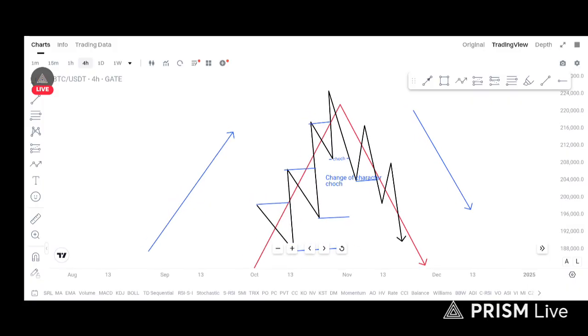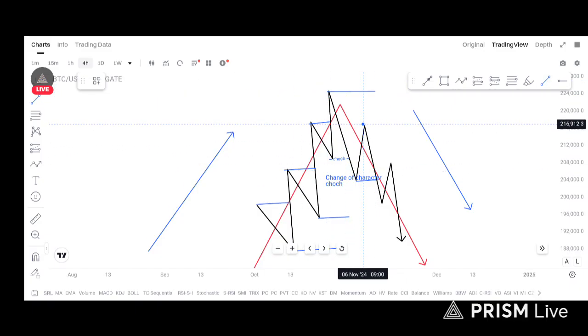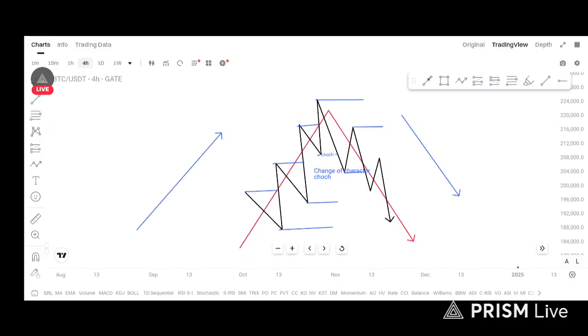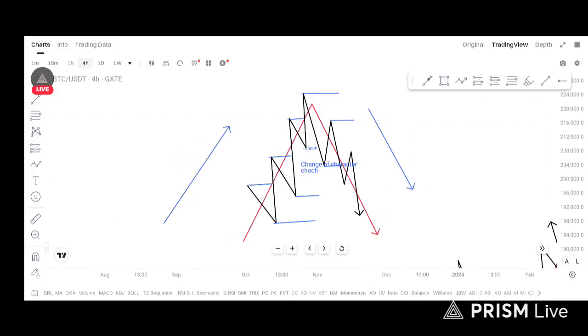Because now this first high has been protected and this second high has been protected. That means market has formed a high and a lower high. So when you now have your lower high, that means market has started changing direction to the downside, and you've had your first low and your second low. So there must be two break of structures, which is the change of character and a break of structure, for you to confirm that the market has started changing the direction it has been going.